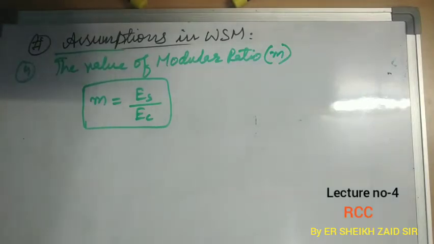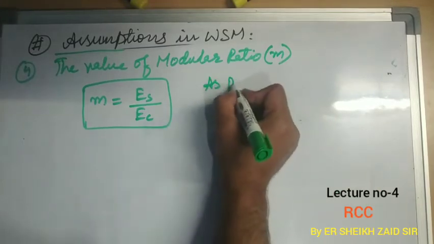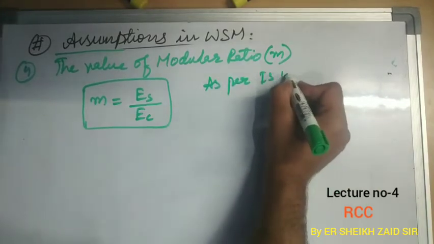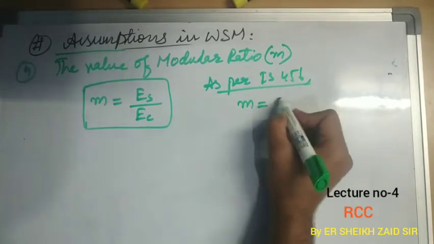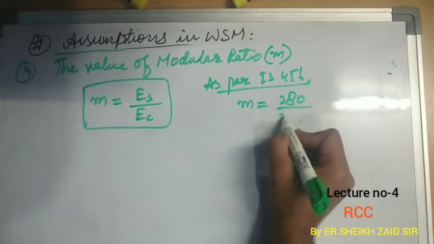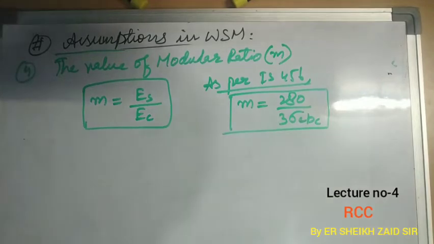But as per IS 456, its formula is 280 by 3 sigma CBC, where I have told you what sigma CBC is. Sigma CBC is the permissible stress in bending compression.